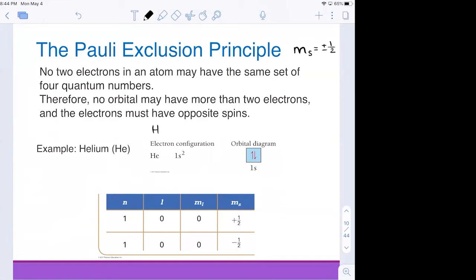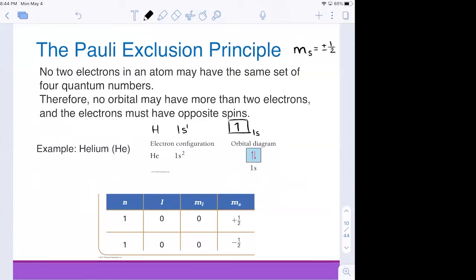Let me rewrite hydrogen with its 1s1 electron and its orbital diagram, which is usually just a box that has the orbital name, the n and the l. It has 1 electron in there. But when we look at helium, why is helium so stable?